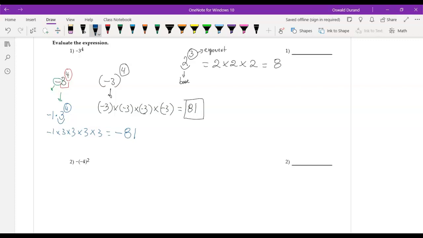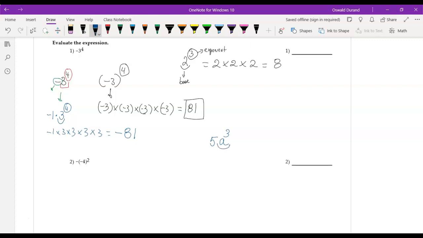If you have something raised to a power and it's in parentheses, everything inside the parentheses is being raised to that exponent. But if there are no parentheses, only the value directly under the exponent is raised to the power. For example, with 5a to the power of 3, only the a is to the power of 3.